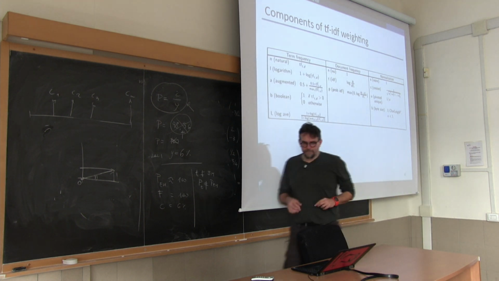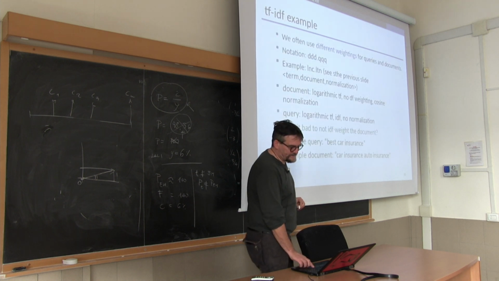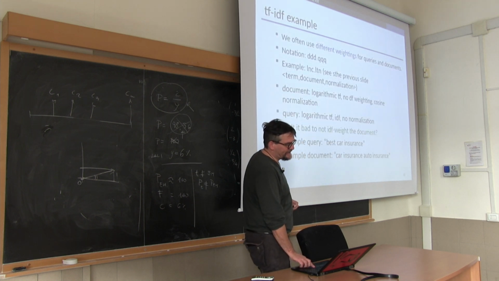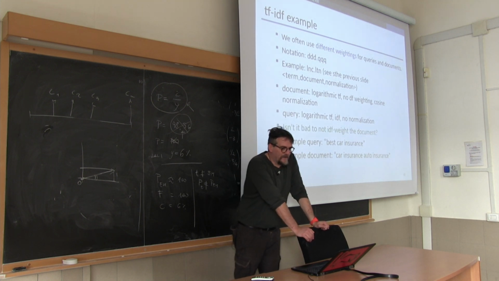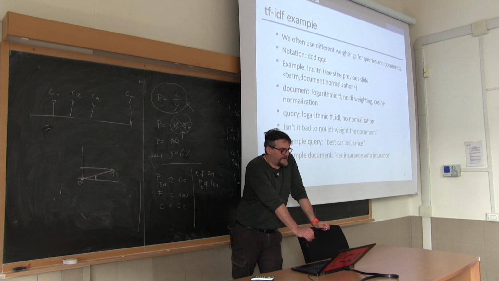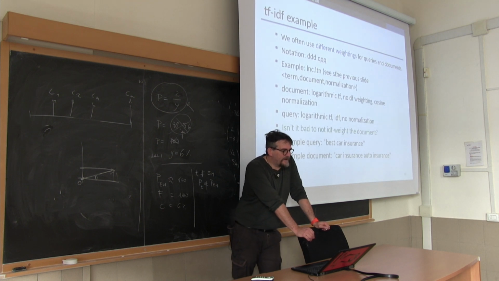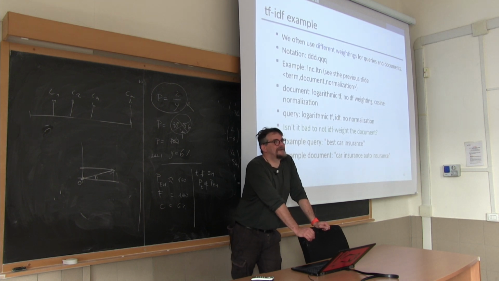Now, this LNC.LTN, namely for the document logarithmic TF, no DF weighting and cosine normalization, and for the query logarithmic TF, IDF and no normalization, is one of the standard options.